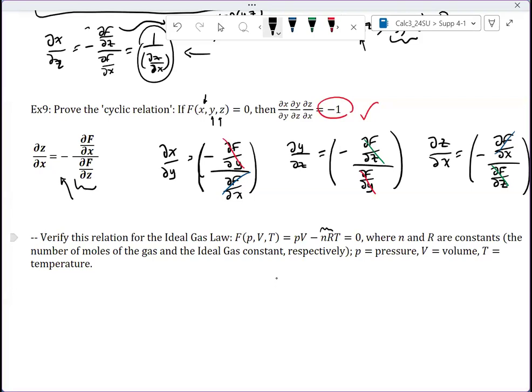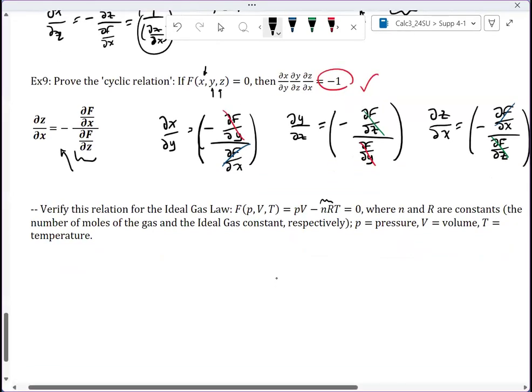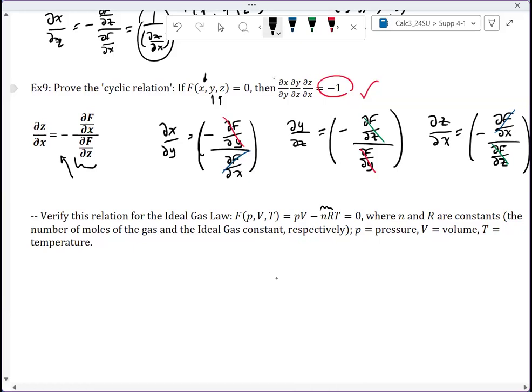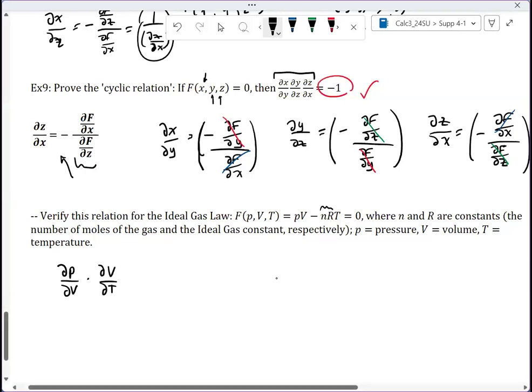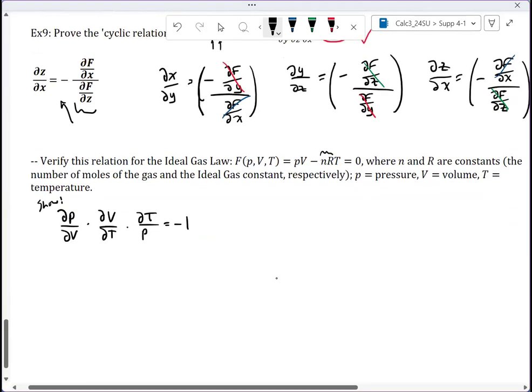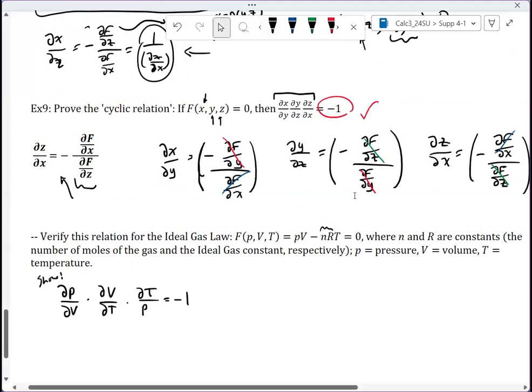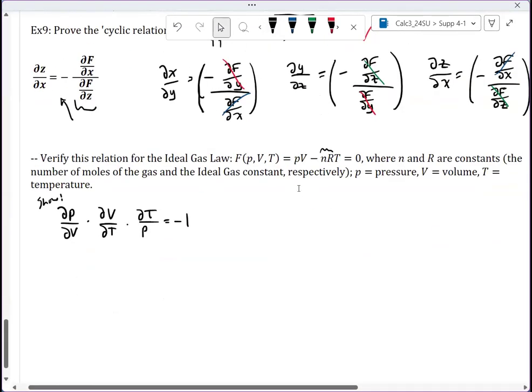So let's take a look at this and let's try to show this relation up here, or in other words, let's try to show partial of P with respect to V times partial of V with respect to T times partial of T with respect to P equals -1. And of course, we could just compute these partials and they all divide out, but let's do this a slightly different way than what we just went through.